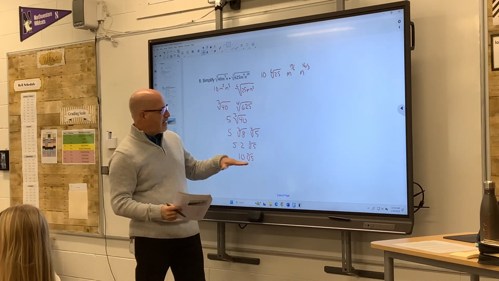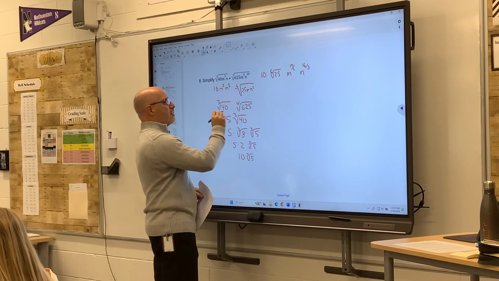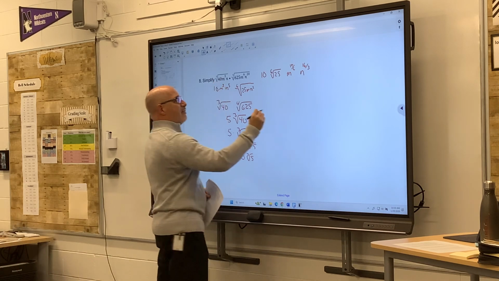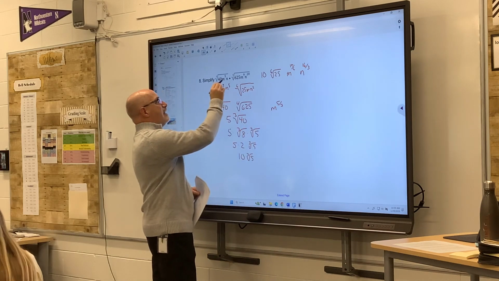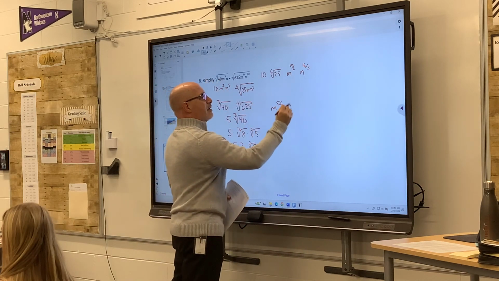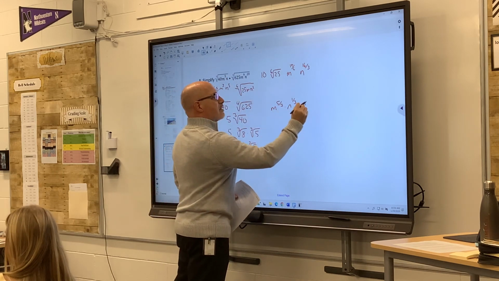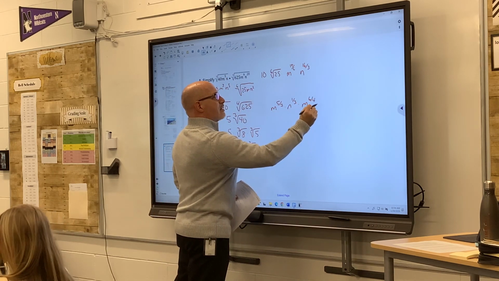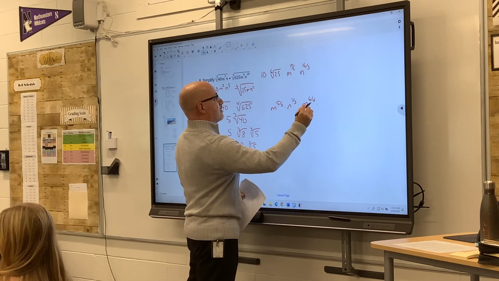Right, so that's the number. Let's do the variables. So this is going to be m to the 5/3, n to the 1/3, m to the 6/4, n to the 20 fourths.